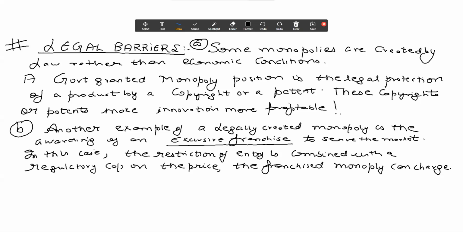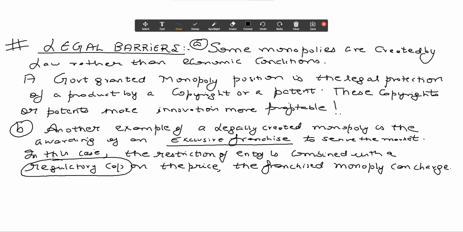The franchised monopolist will be ordered by the government to charge a specific price. So there is a cap the government fixes, which is called the regulatory cap.